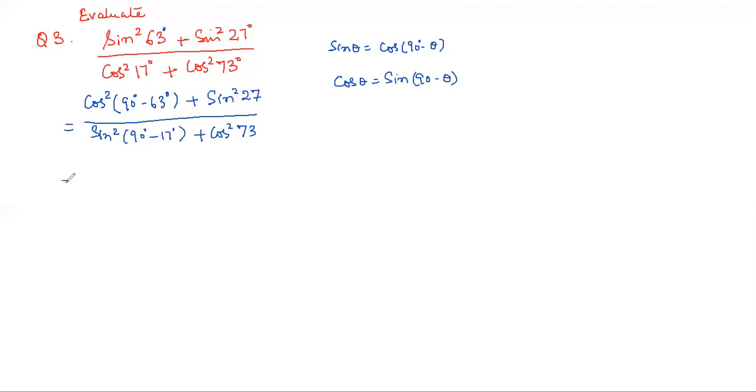I told you in the last video that in the complementary case, we first apply the formula, then we only subtract. So this will become cos square of, when you subtract 63 from 90, 27 degrees plus sine square 27 degrees. And in the denominator, sine of 90 minus 17, you will subtract and get sine square 73 degrees plus cos square 73 degrees.